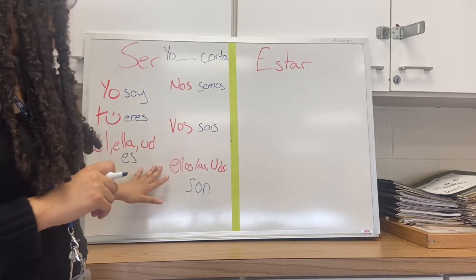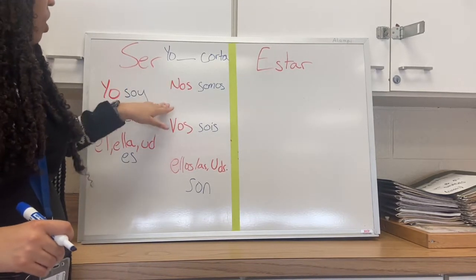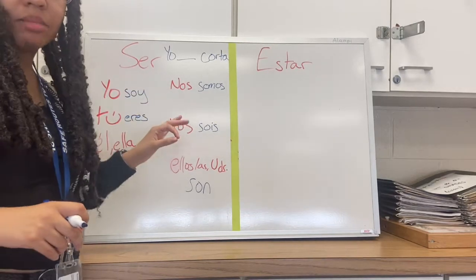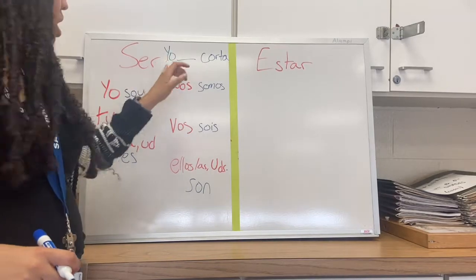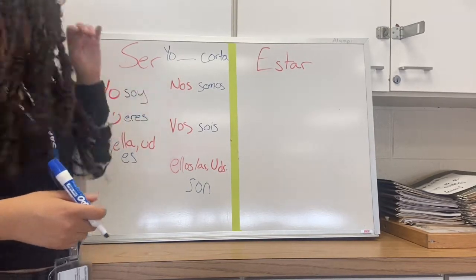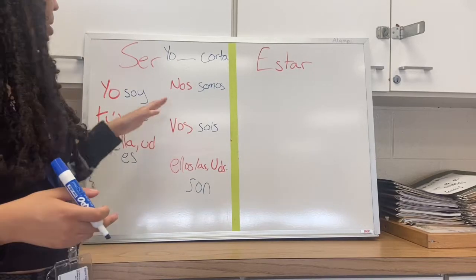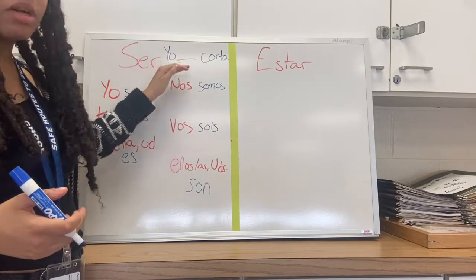So, when I see this sentence, I know exactly what the subject is, right? The subject in this is yo. The sentence starts with it, almost always, unless it's a question. But for the most part, you can almost always count on the subject being one of the first parts of the sentence.